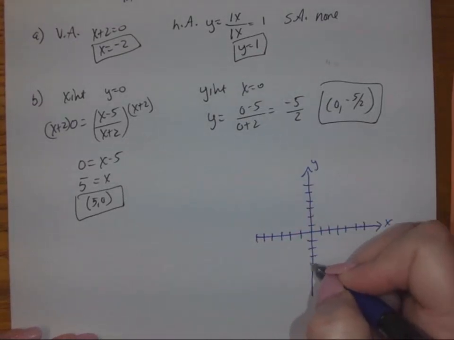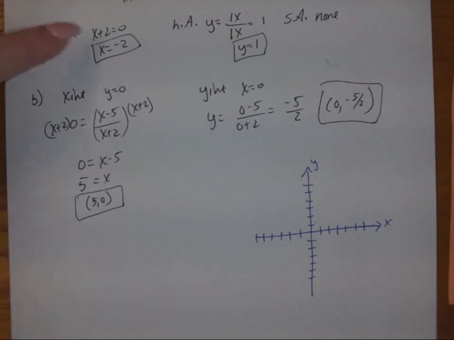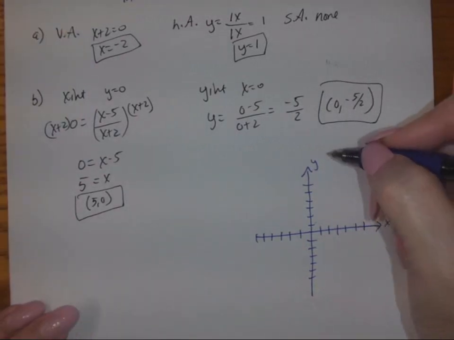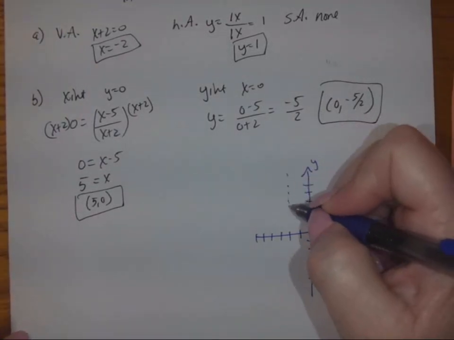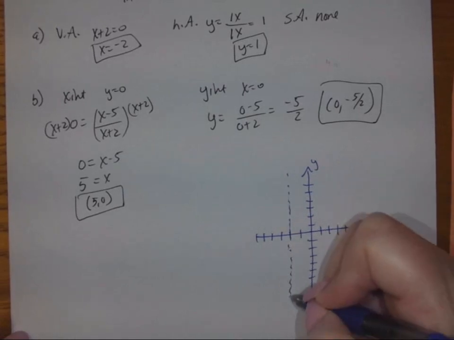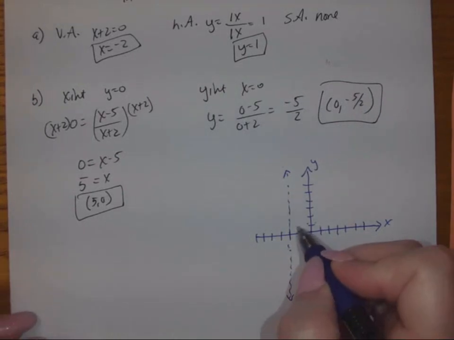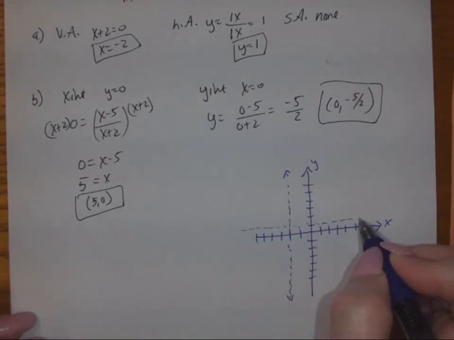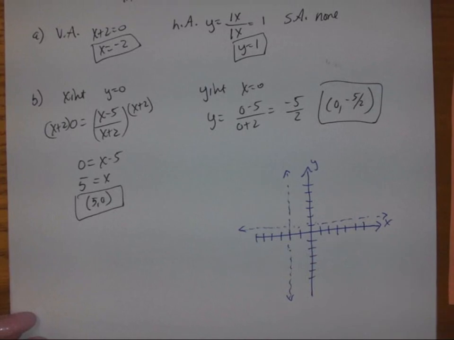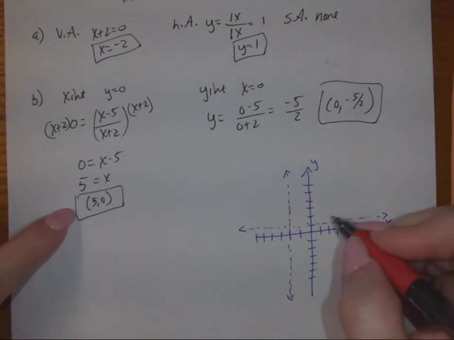And we'll go from there. All right, so x equals -2 is a vertical asymptote, and that will have to be with dashed lines. Asymptotes do not have solid lines. Y equals 1 is another one. So I'm drawing those.